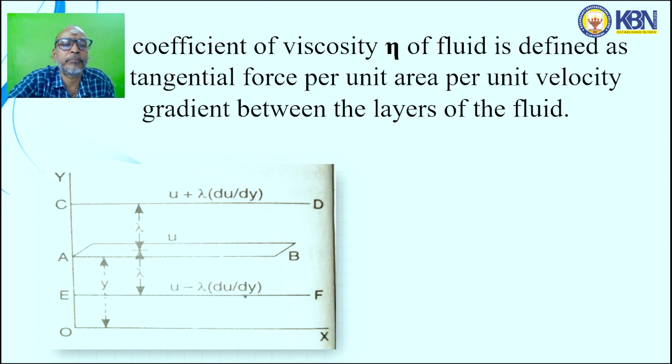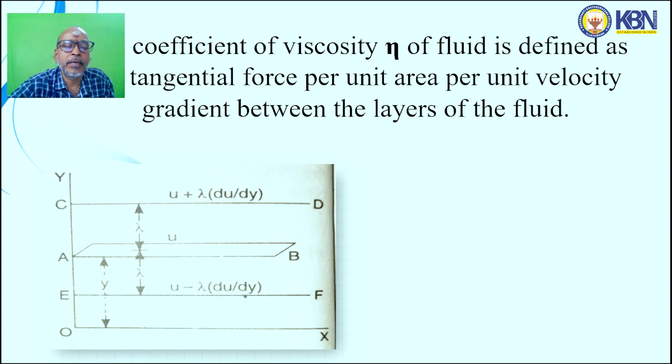There are three different layers A, B, C, D and E. Suppose AB is the reference layer, and u is the velocity of the gas molecules in this layer. The velocity in the upper layer CD is u plus lambda du by dy, and in the lower layer it is u minus lambda du by dy.